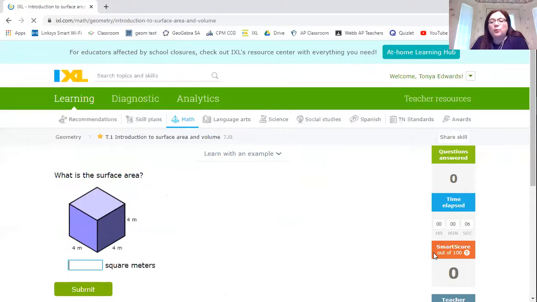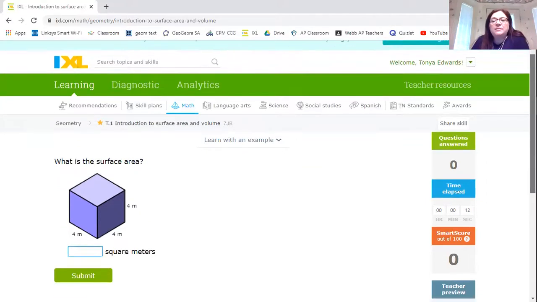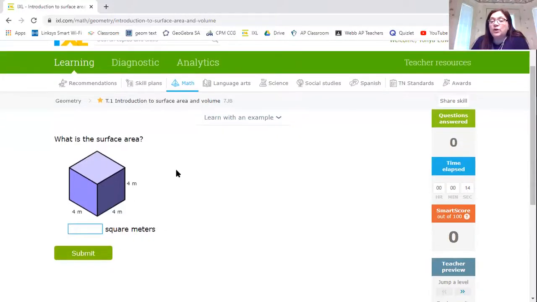So you only need to get SMART score 60 this time or run for 10 minutes. Now, if you go for 10 minutes and you don't have a great score, you're going to want to go back and continue on. You can always do more minutes, but you need to have a decent score here to make sure that you're understanding this.